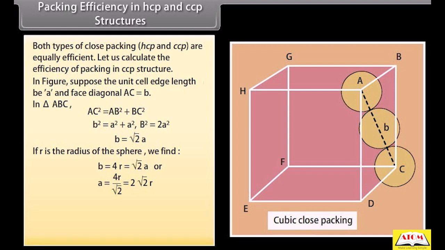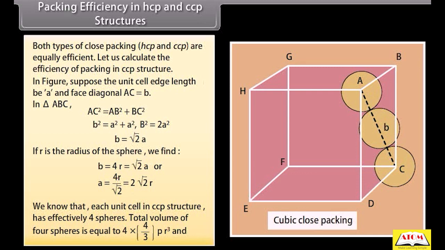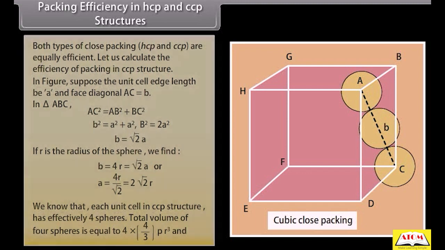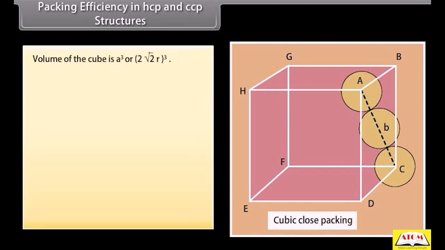We know that each unit cell in CCP structure has effectively 4 spheres. Total volume of 4 spheres is equal to 4 into 4/3 πr cube, and the volume of the cube is a cube or (2 square root 2 r) cube.